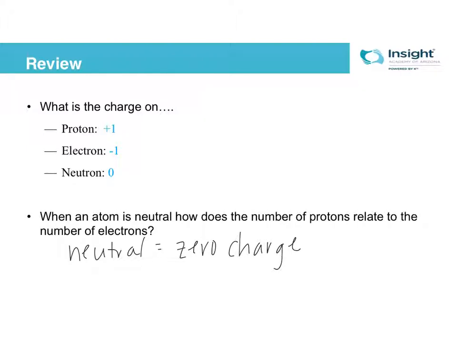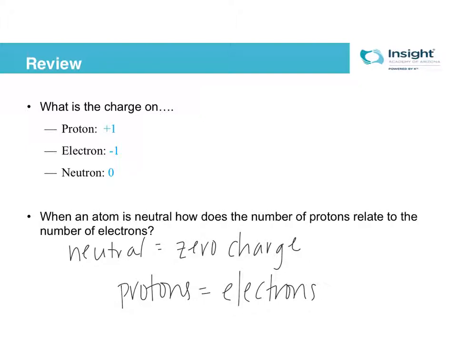Hopefully you're thinking we just need the same amount of each. If we've got 5 protons, we need 5 electrons. That way we have the same amount of positive and negative, and they cancel each other out. So when an atom is neutral, protons are equal to the number of electrons. You can also think that your atomic number tells you both protons and electrons.